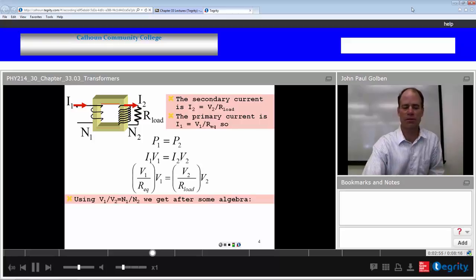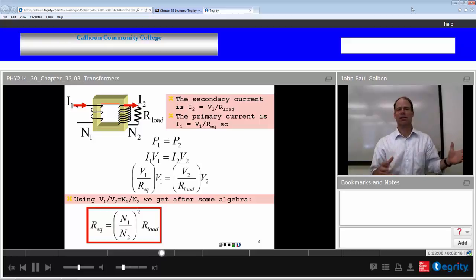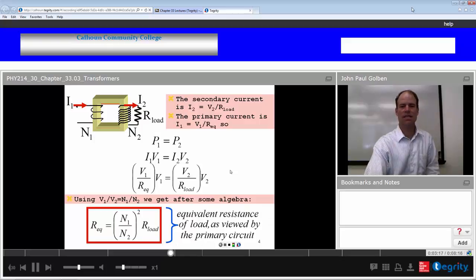But since we know V1 over V2 is equal to N1 over N2, we're going to substitute that in, and after a little bit of algebra we get this. Our R equivalent for this circuit, looking into the circuit, is equal to the ratio of the turns, N1 over N2 squared, times the actual resistance of the load. This is the equivalent resistance of the load as viewed by the original primary circuit.